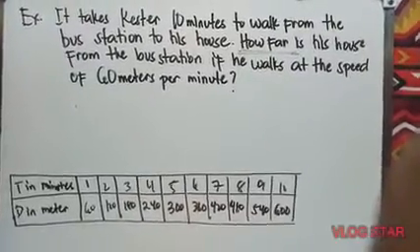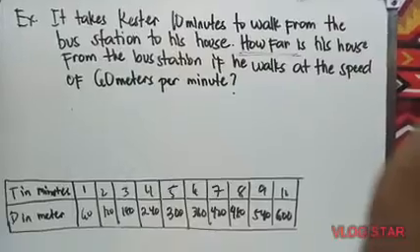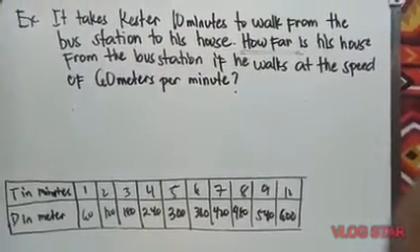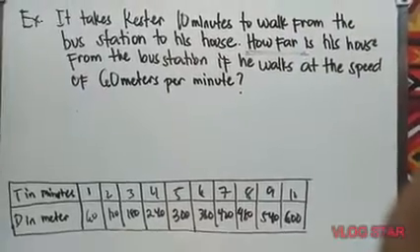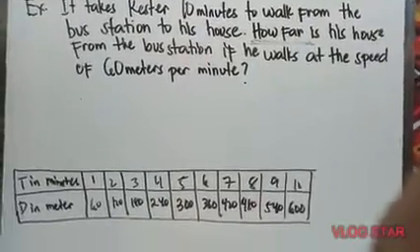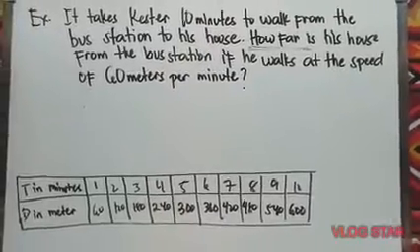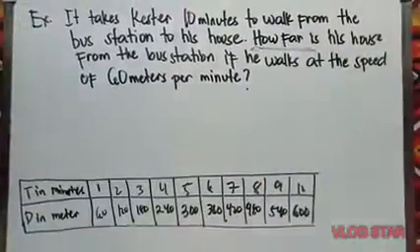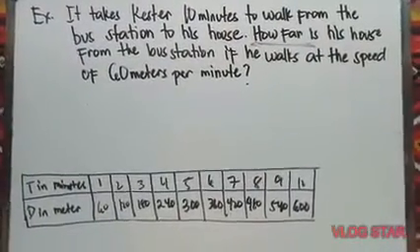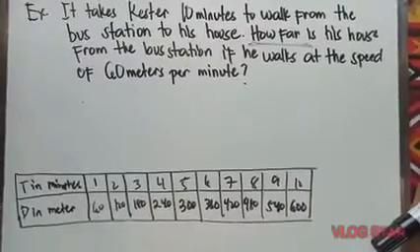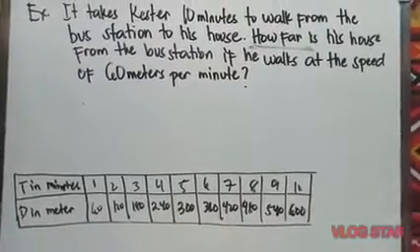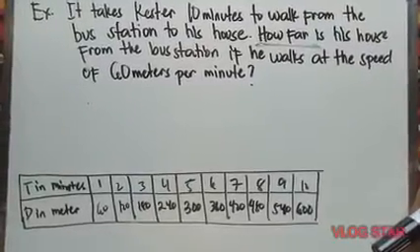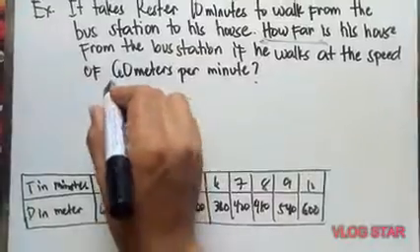It takes Kester 10 minutes to walk from the bus station to his house. How far is his house from the bus station if he walks at the speed of 60 meters per minute? So we are looking for the distance that he walked with a time of 10 minutes and a rate of 60 meters per minute.